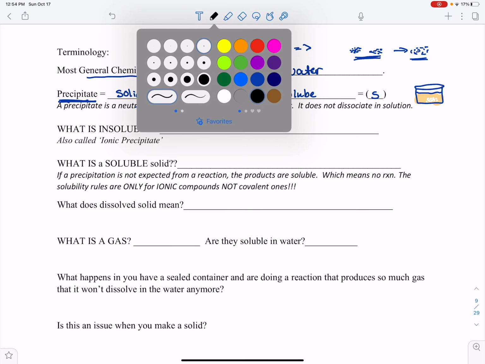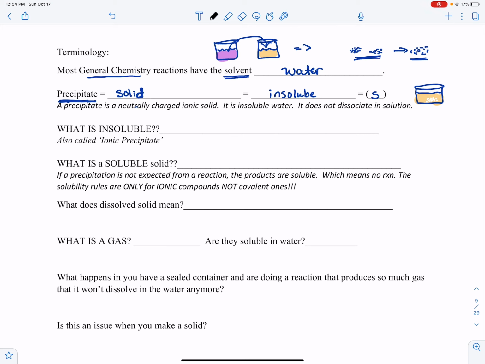You learn a whole lot more about things dissolving in Gen Chem 2. So what does insoluble mean? It means that the ions in the salt stay together. They're not so attracted by the water that the water will pull them apart.